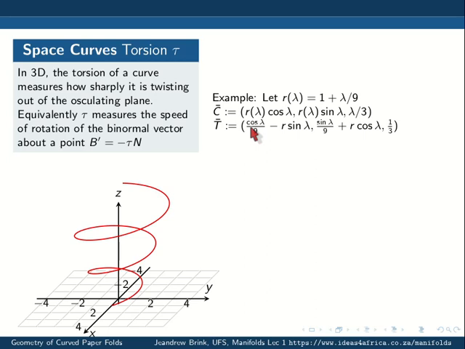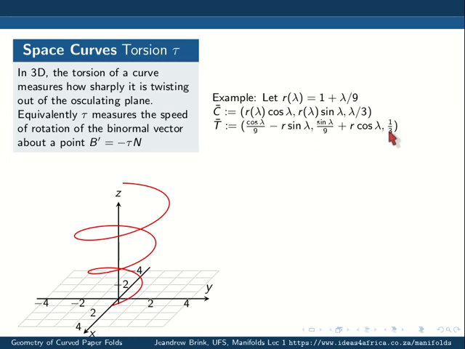So there we have dr d lambda, which is simply 1 over 9 times cos lambda, plus r times the derivative of cos lambda, which is minus sine. Over here we have sine of lambda times dr d lambda, which is basically 1 over 9, plus r times the derivative of sine of lambda, which is r cos lambda, and here we have a third.